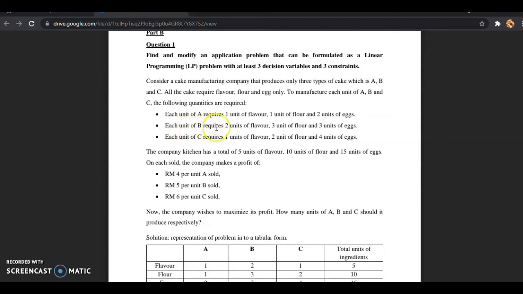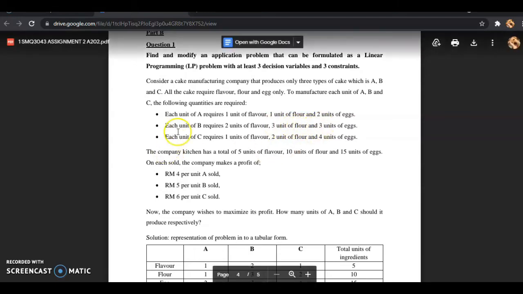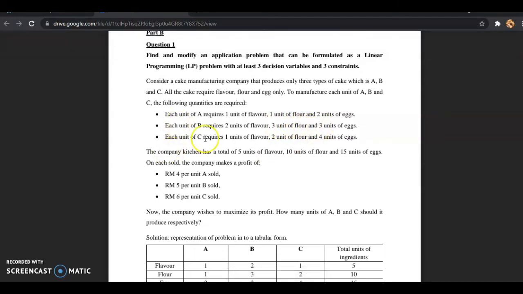Each unit of B requires 2 units of flavor, 3 units of flour, and 3 units of eggs. Each unit of C requires 1 unit of flavor, 2 units of flour, and 4 units of eggs. The company kitchen has a total of 5 units of flavor, 10 units of flour, and 15 units of eggs.